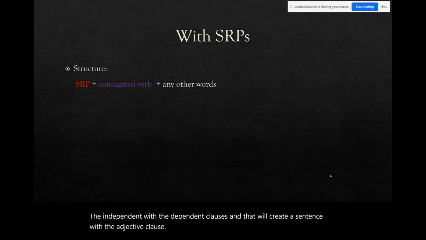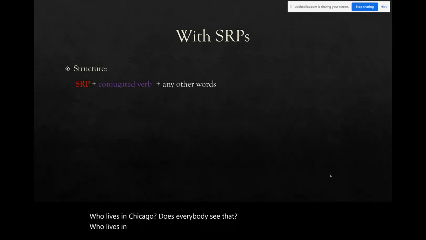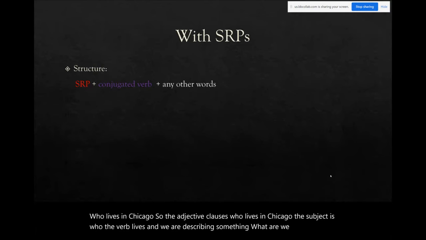So look at page 321. I want you to look at letter E. Letter E example. It says, I met a man who lives in Chicago. Does everybody see that? Yes. Who lives in Chicago. So the adjective clause is who lives in Chicago. The subject is who, the verb lives. And we are describing something. What are we describing? Where he lives.